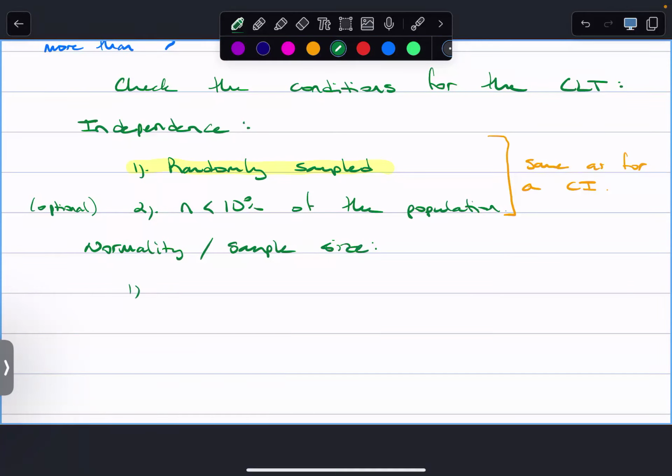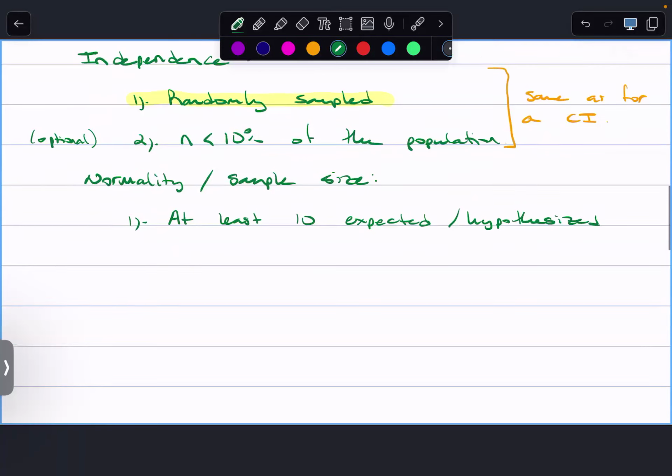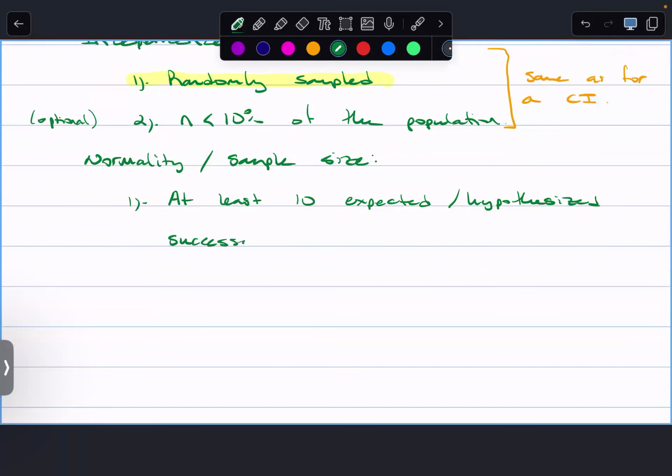So now I have to have at least 10 expected or hypothesized successes. How you're going to check that is by taking your sample size n times p naught, your hypothesized proportion, and making sure that it's greater than or equal to 10. So just a slight difference.